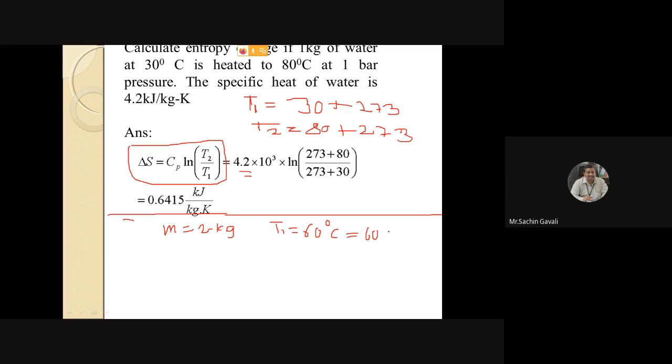The specific heat of water is 4.2 kilojoule per kg Kelvin.